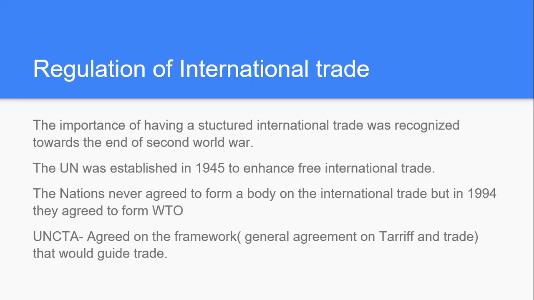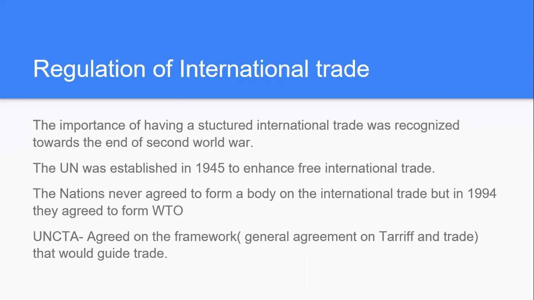Through that, the nations agreed to form a body called the General Agreement on Tariffs and Trade, that will guide on the trade.